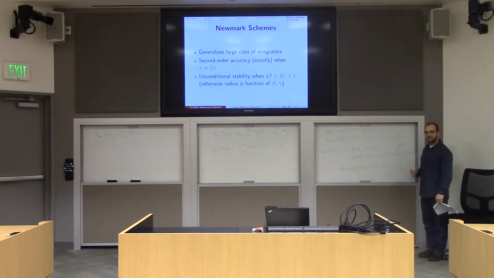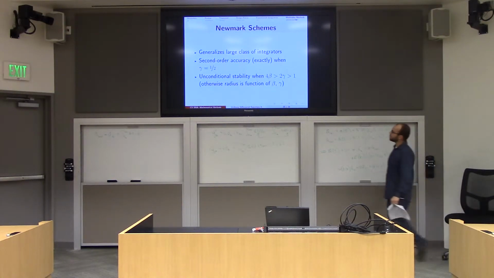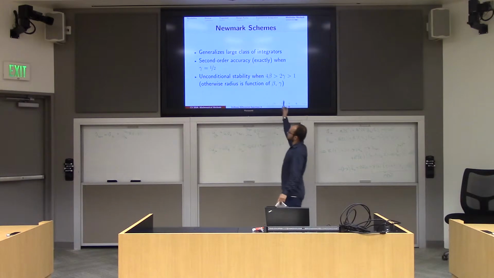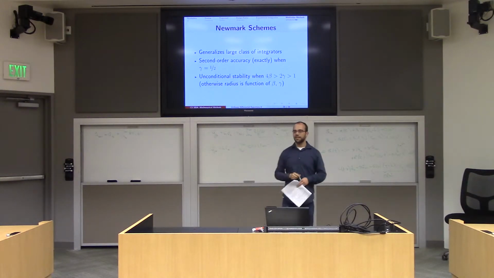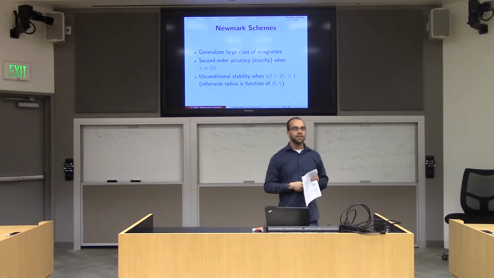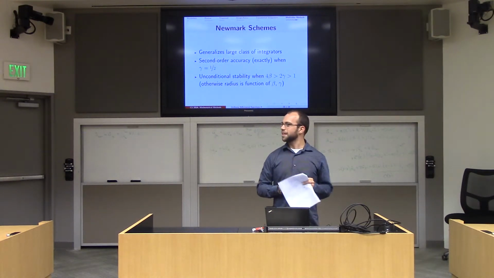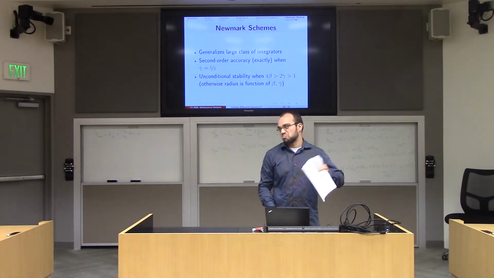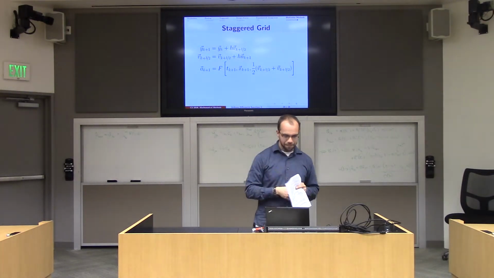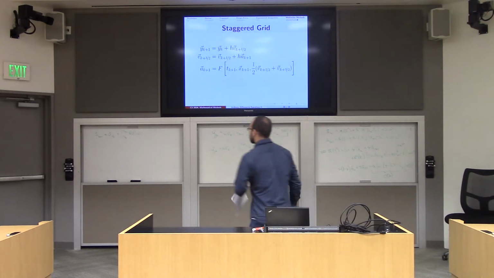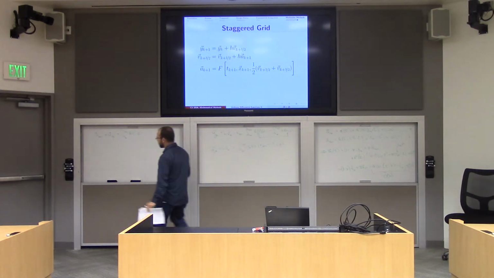We actually just made it that way. And there's also a similar condition for when these things are unconditionally stable. Otherwise, for a particular choice of beta and gamma, there's some formula that tells you the radius in which this is stable, and it's a nonlinear weird formula. Such as life.